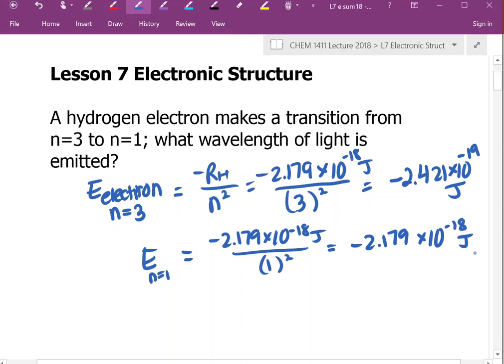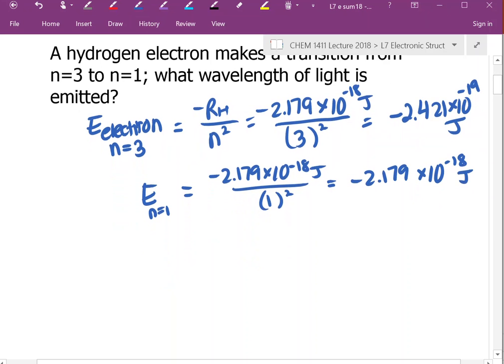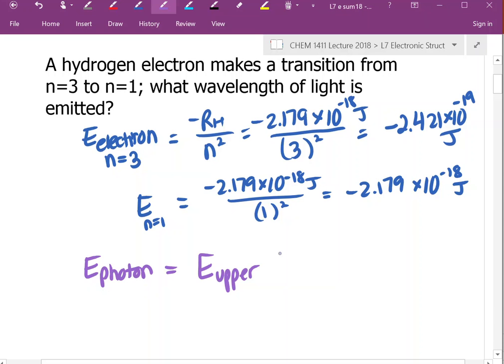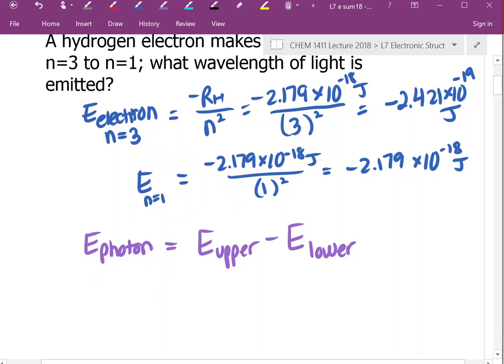Okay, and then we have our next part where we're going to see the energy of the photon released. So the energy of the photon is equal to the energy of an electron in the upper minus the energy of an electron in the lower. Again, this seems kind of backwards because it's initial minus final, but that's because we're talking about the energy of the photon and not the energy of the electron. And so it's reversed.